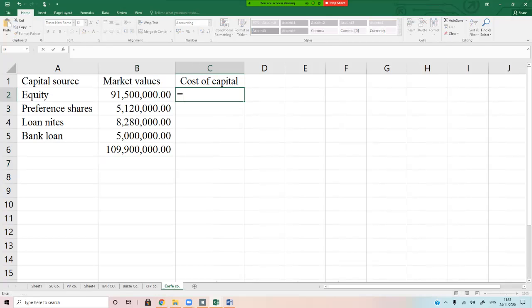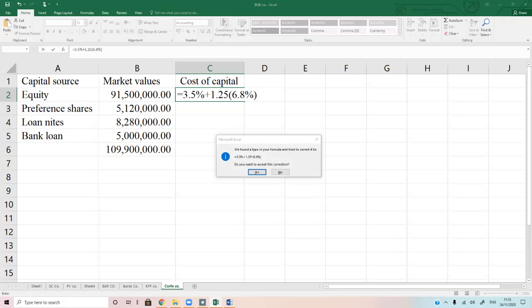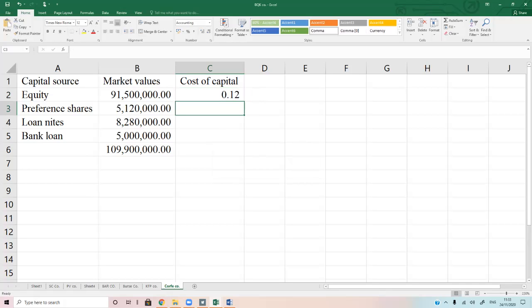The risk-free rate is 3.5%, plus the equity beta for this stock, 1.25, multiplied by the equity risk premium, or simply Rm minus Rf, which is 6.8%. So the cost of equity is risk free plus equity beta multiplied by the equity risk premium, therefore 12%. That's the cost of equity.